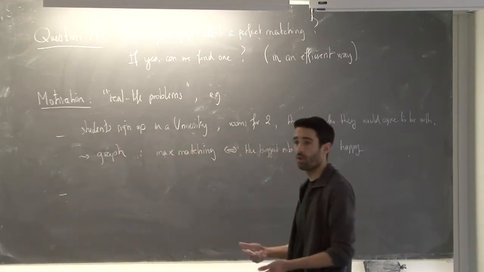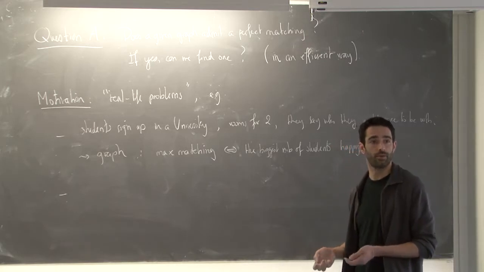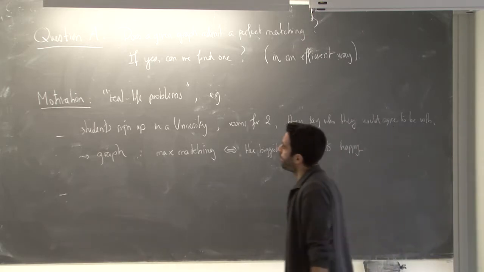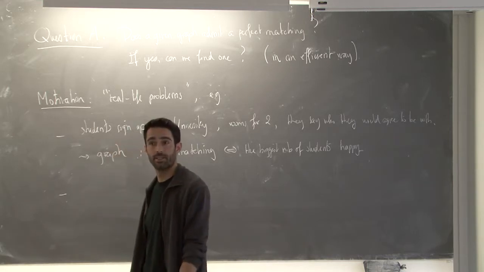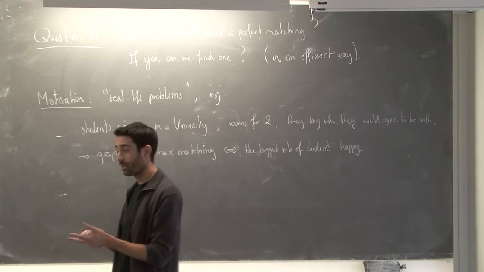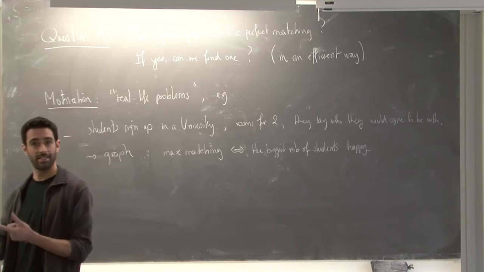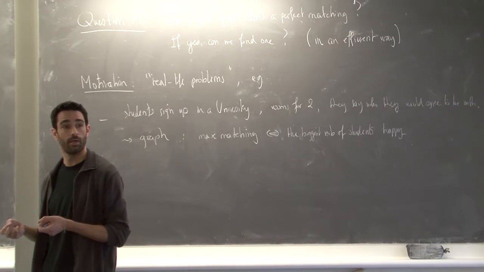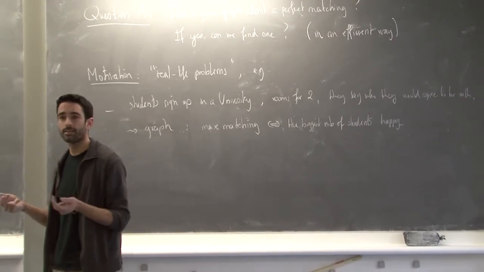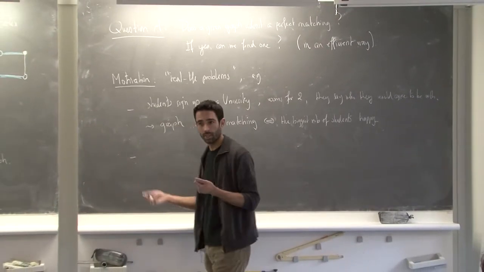Then you can do the same thing with men and women, for example, right? So if you have a matrimonial website, the men and women say, I would like to be with this guy. It's exactly the same problem, but on a bipartite graph, right? Assuming that they're all heterosexual, okay?